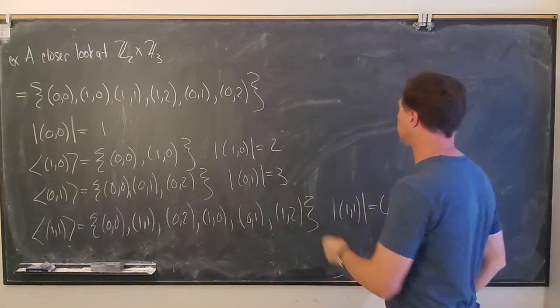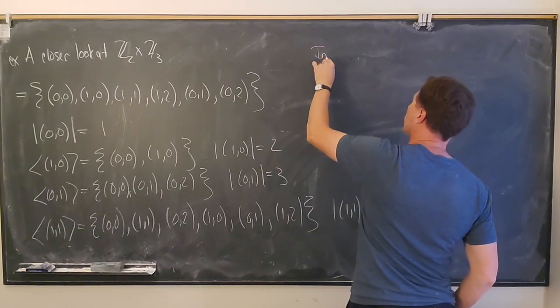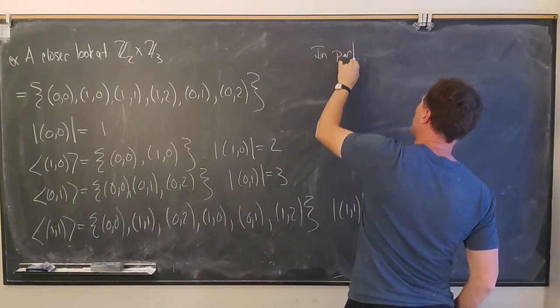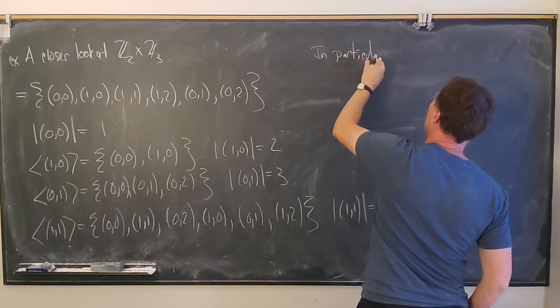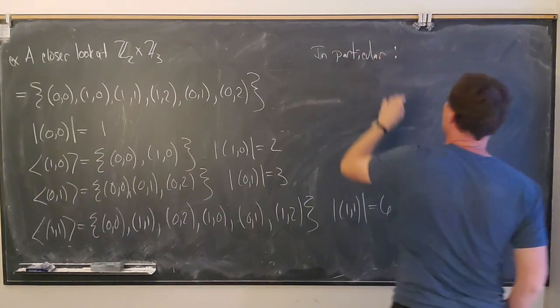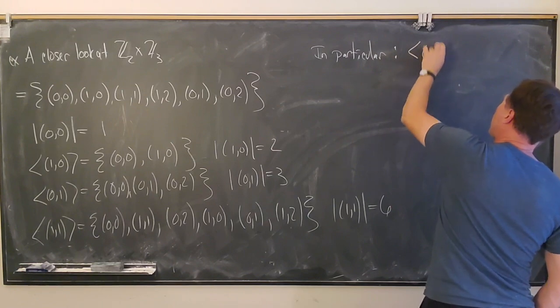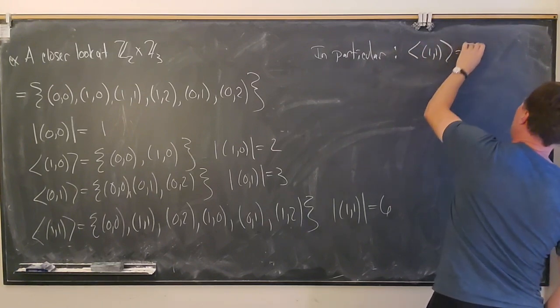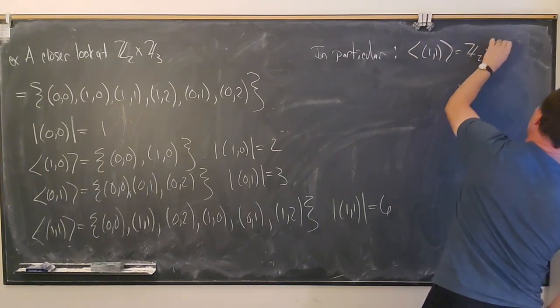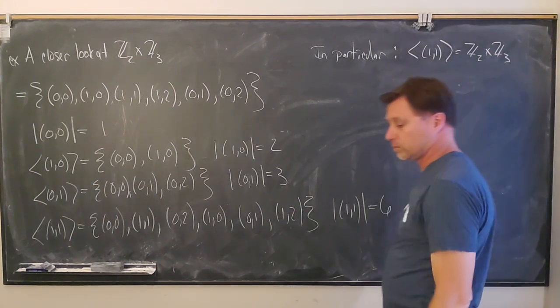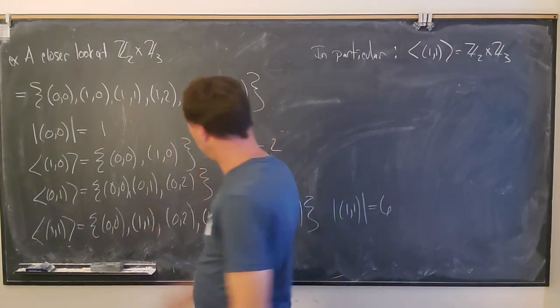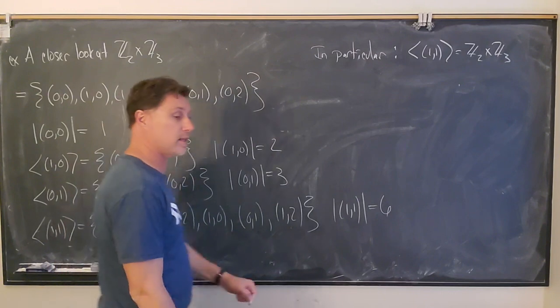In particular, the subgroup generated by (1, 1) is equal to all of Z2 cross Z3. This group is cyclic. Z2 cross Z3 is cyclic.